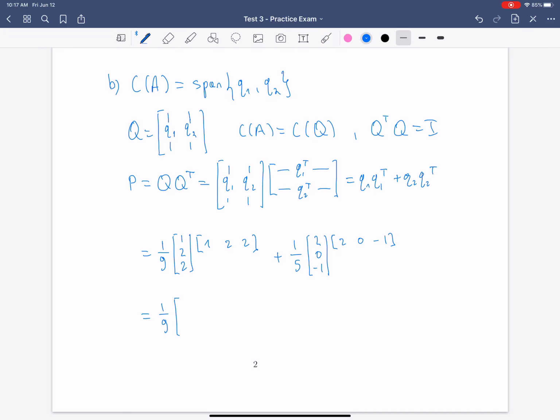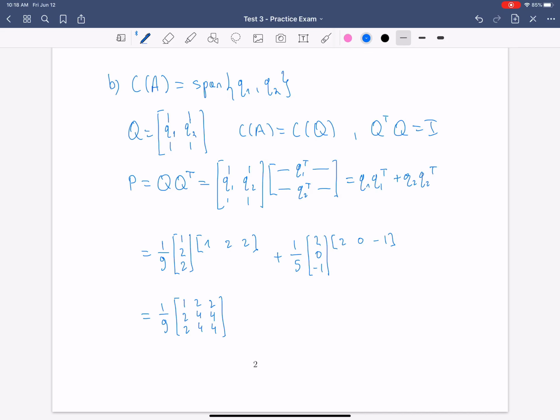So you don't want to take too much time for these computations. You want to know that this is 1, 2, 2, 2, 4, 4, 2, 4, 4. You always need to get these rank 1 matrices that are of the form Q1, Q1 transpose, or UU transpose, so the same vector being involved, will always be symmetric.